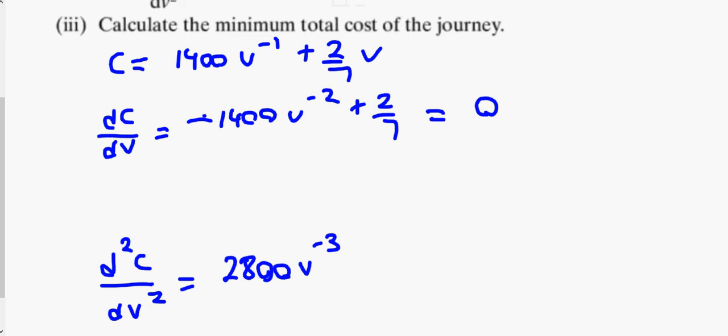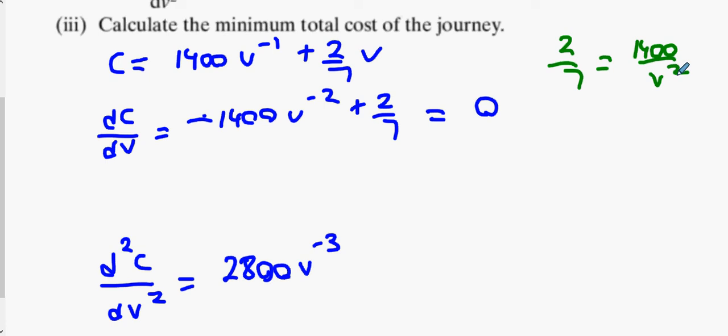Now, next thing. What are you looking at there, man? This calculator doesn't work. Okay. Now, we get 2/7 equals 1,400 v minus 2. What do I do with the v minus 2? What do I get with the v minus 2? v squared. Is that cool, you guys? What can I do with the v squared?